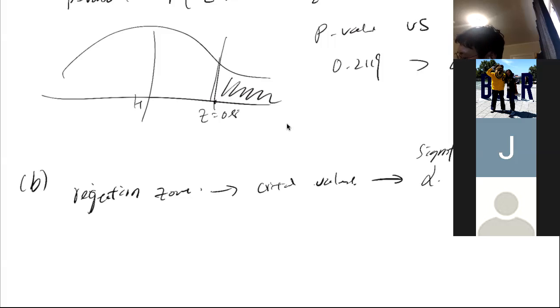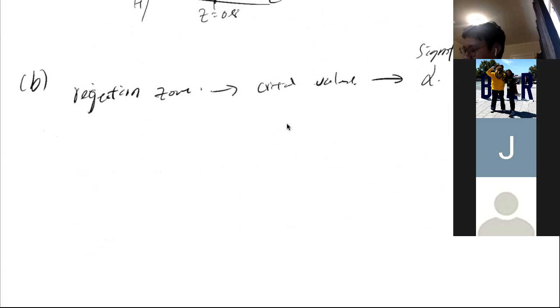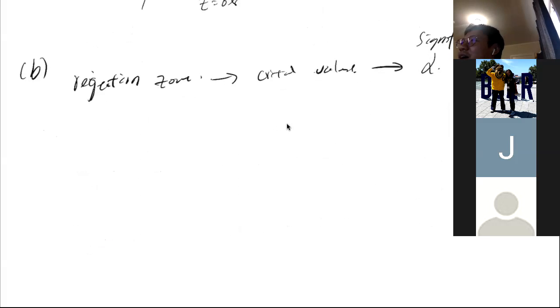Or maybe previously I set critical value as alpha, but alpha is the significance level. Sometimes I mess up saying the term. So to find the critical value, we need to do it in a reverse engineering way. So we know that alpha is equal to 0.05.